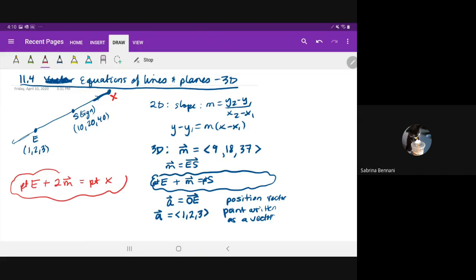I'm going to put it in a bubble. Right? Point E plus 2 M's is point X. Or point E plus half an M is point H. So if I want all the points on the line, I just have to change the number in front of M. Okay, so this is the theory.